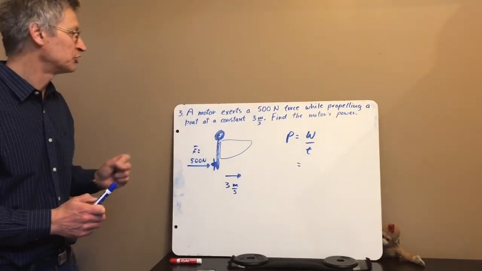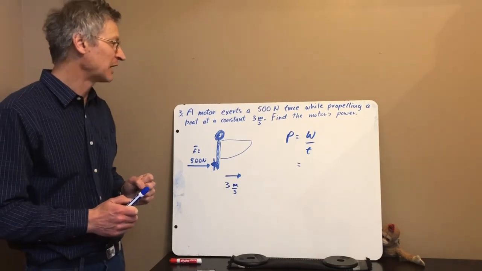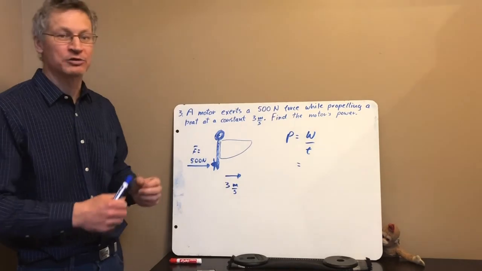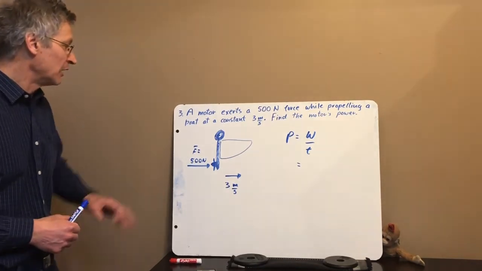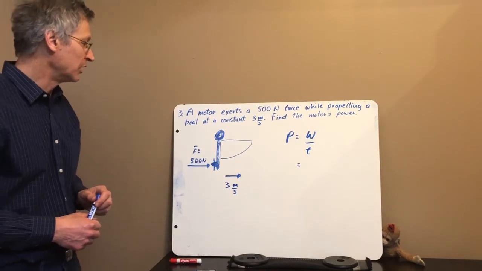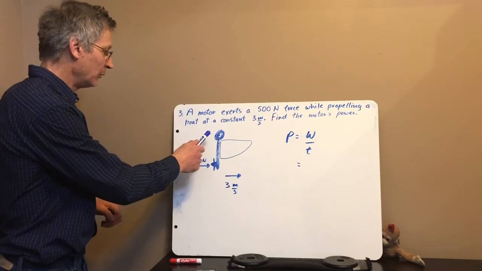It says the motor exerts a 500 newton force while propelling a boat at a constant 3 meters per second. Find the motor's power. And of course, the first thing you do is get a diagram happening with all the information that you're given. And here it is. Here's our boat and the motor.